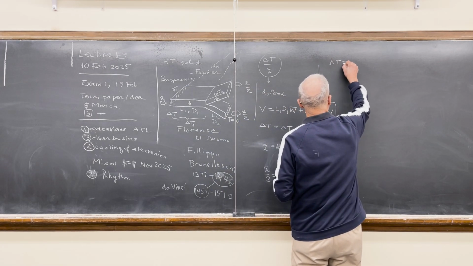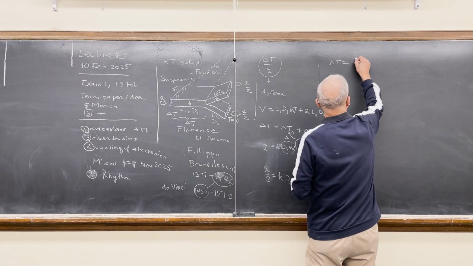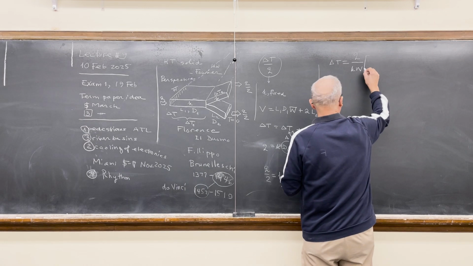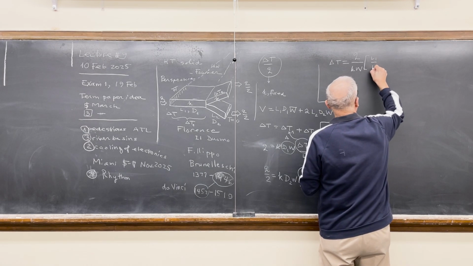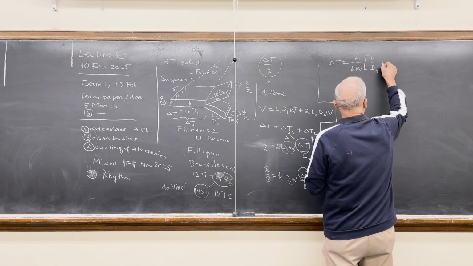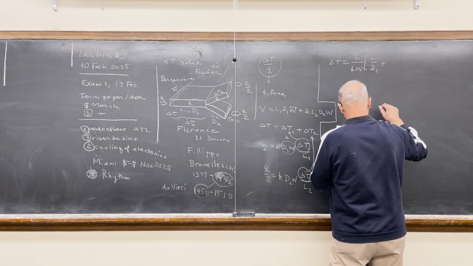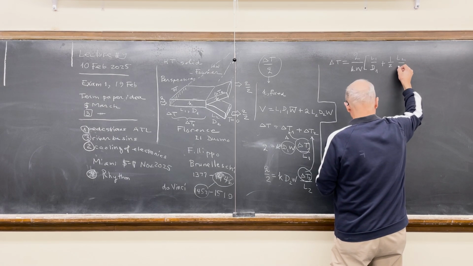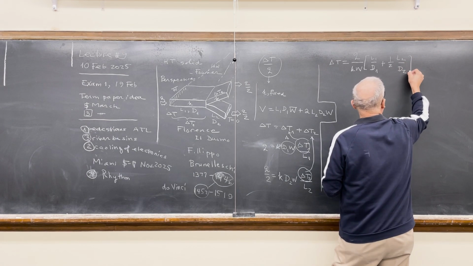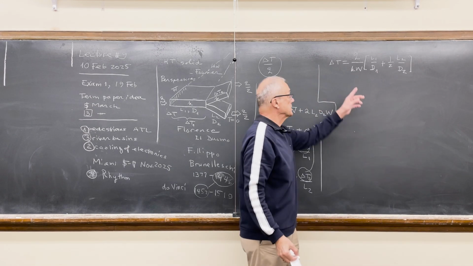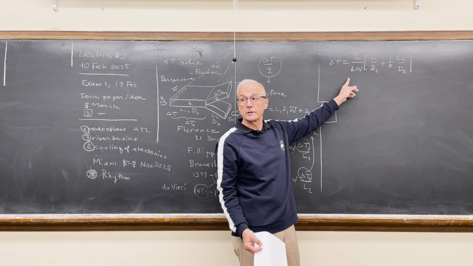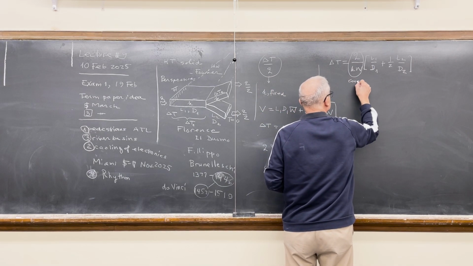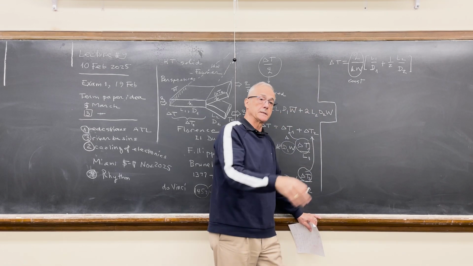So delta T, all of it, turns out to be Q over kW, and then a group that depends on the configuration, which is really the object of the game. Here you see what doesn't change. What doesn't change is the front factor. So this thing here is constant. The Q is given.